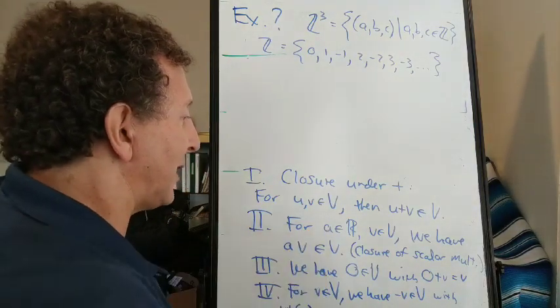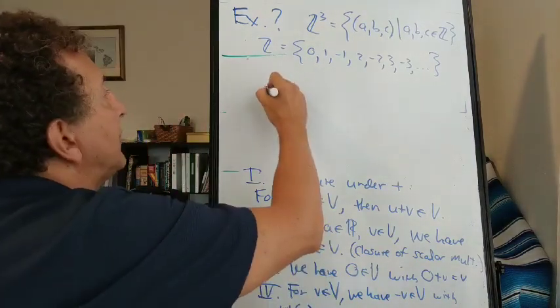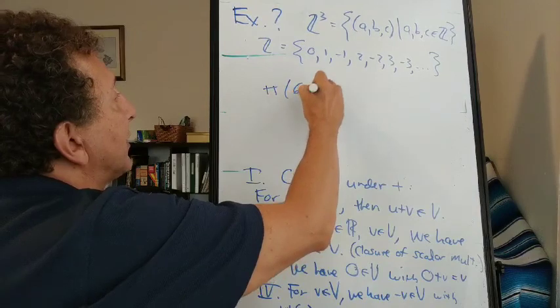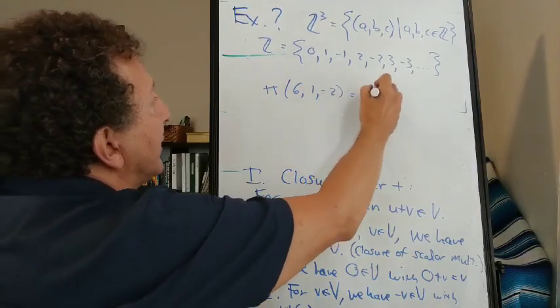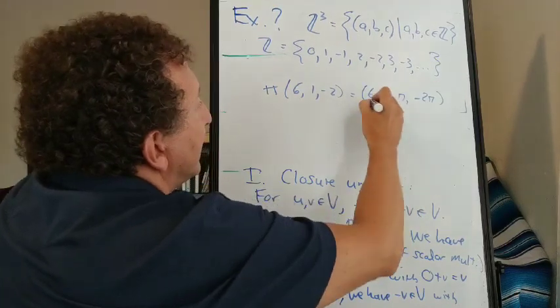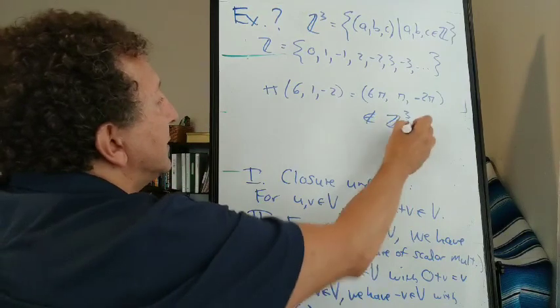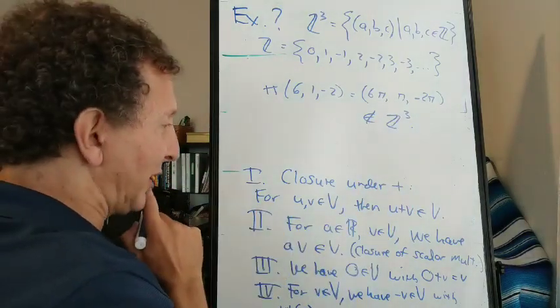If we multiply one by a real scalar, oh, then we're in trouble. Because if we take pi times (6, 1, negative 2), then we get (6 pi, pi, negative 2 pi). And those are not integers, not a single one of them. So this is not closed under scalar multiplication.